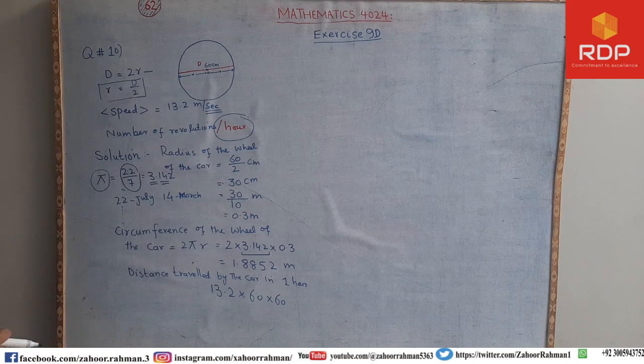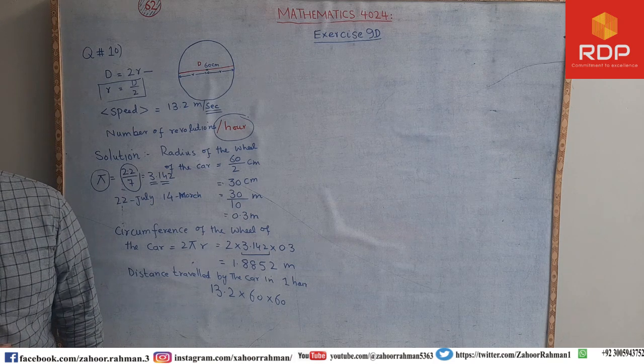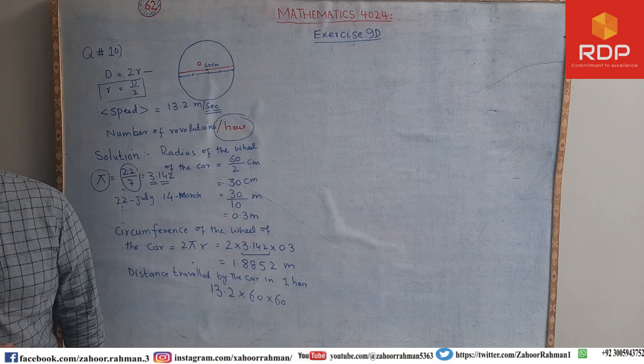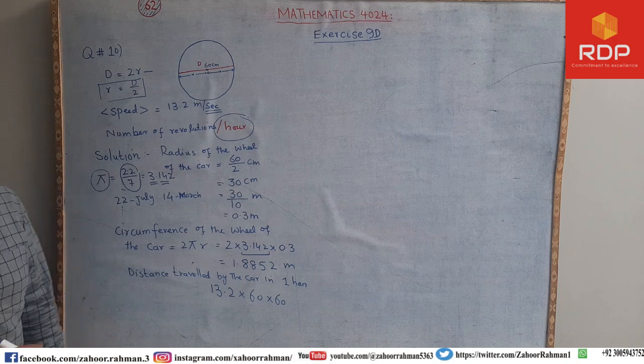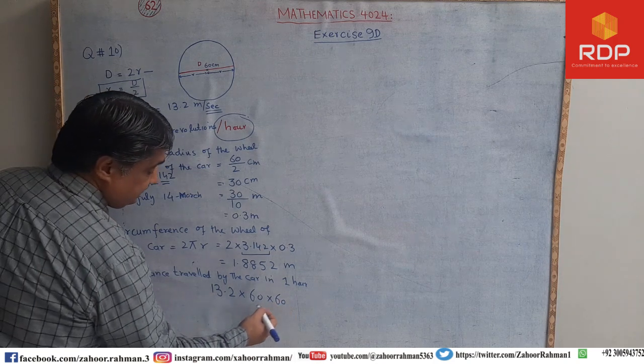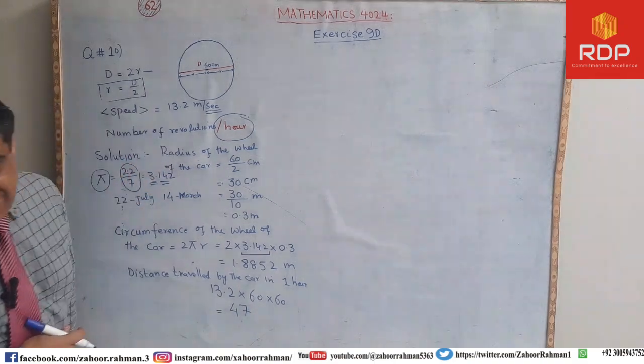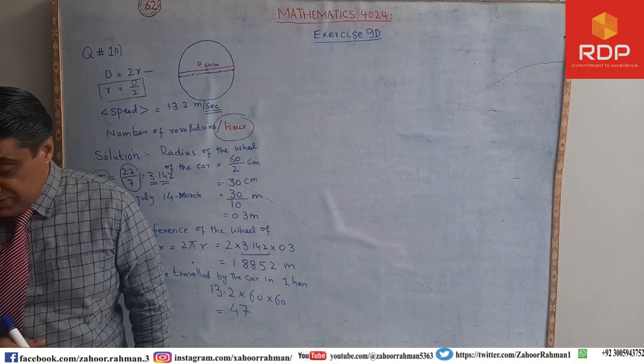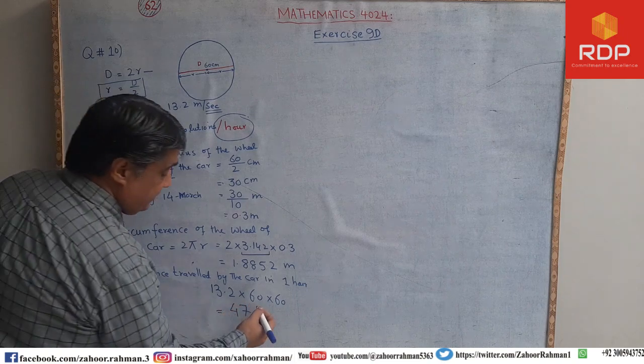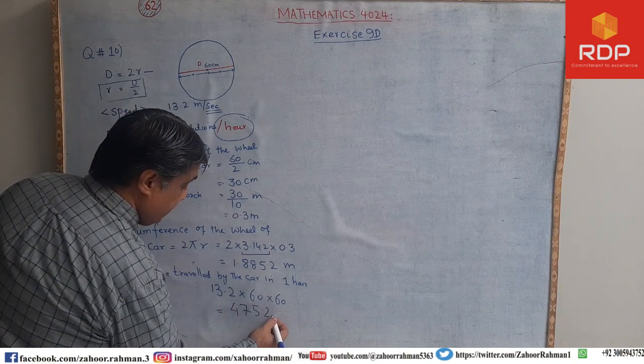How many seconds are there in 1 hour? 60 multiplied by 60, which is 3600. When it is calculated, that will be equal to 47,520.